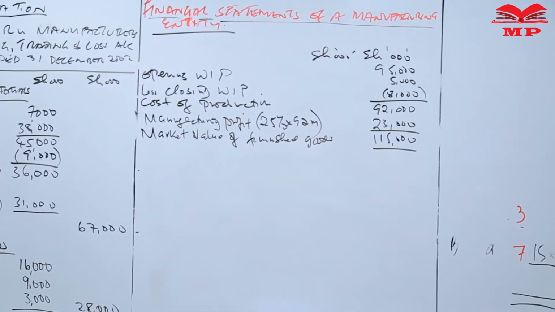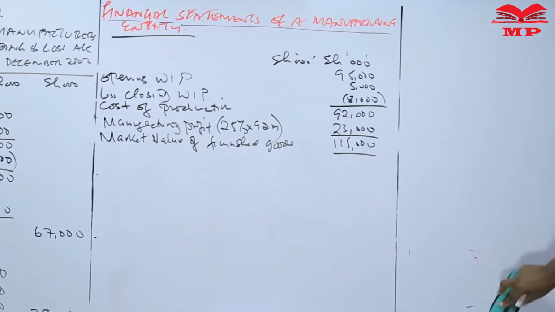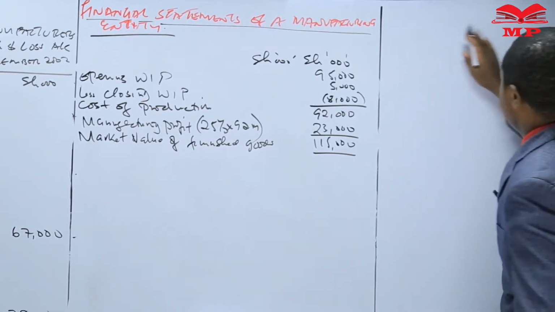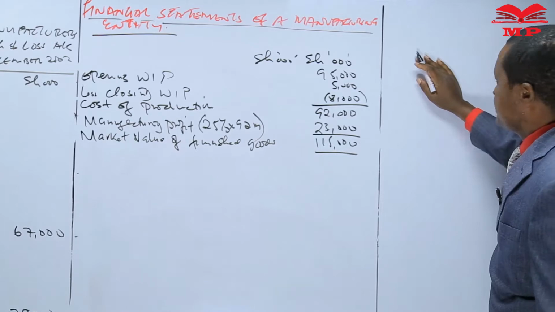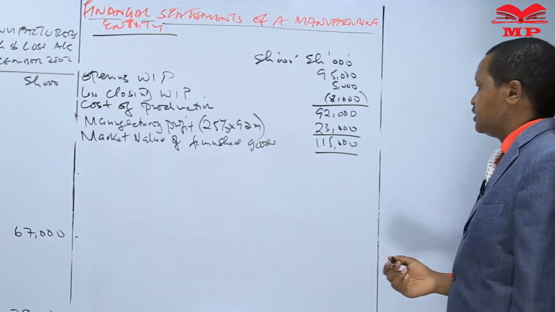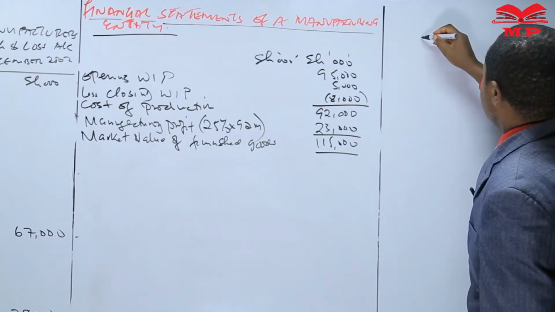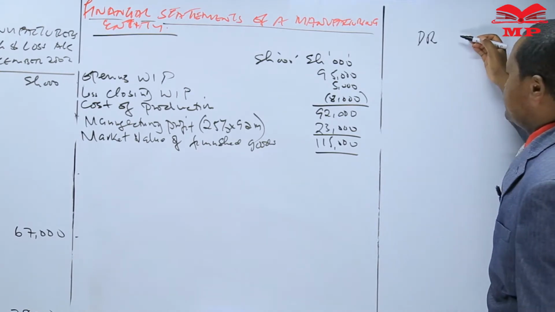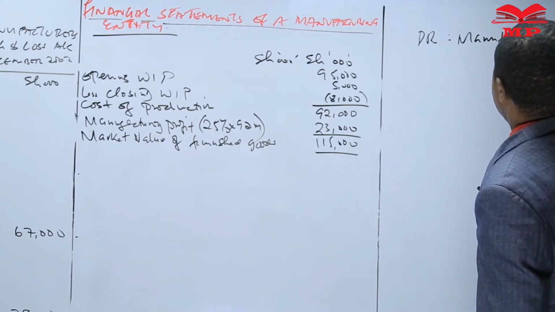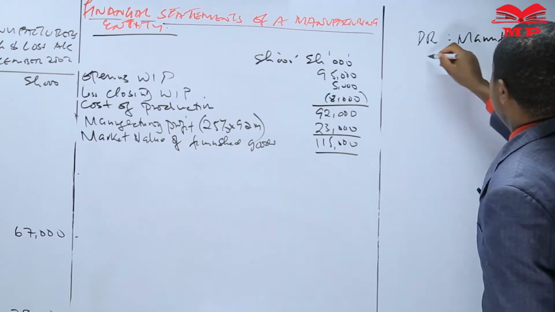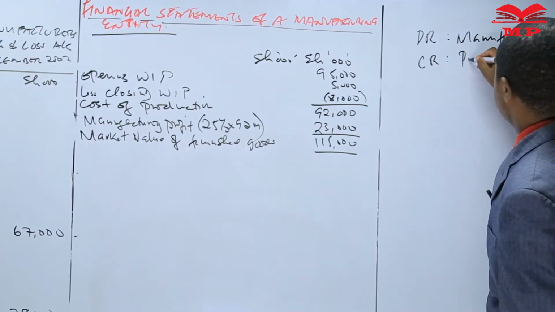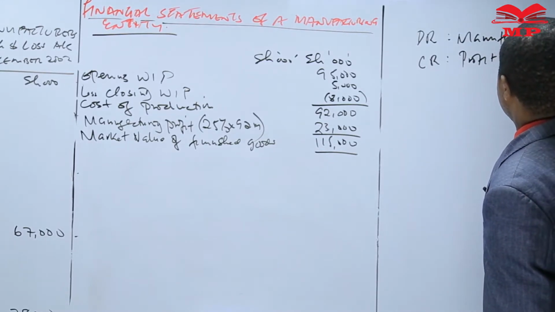If I was to take you back, in the last lesson we talked about manufacturing profit, and the double entry for manufacturing profit is to debit the manufacturing account and credit the profit and loss account.